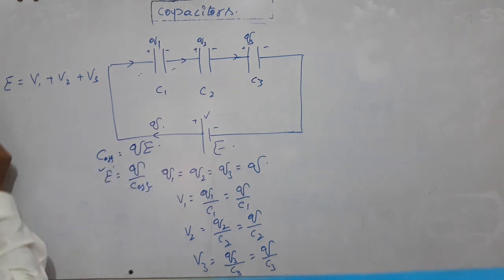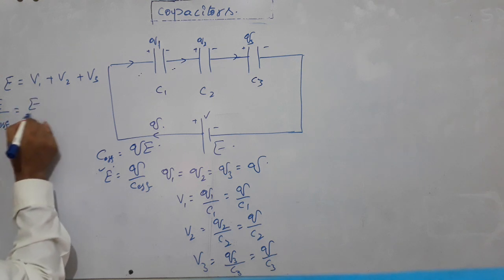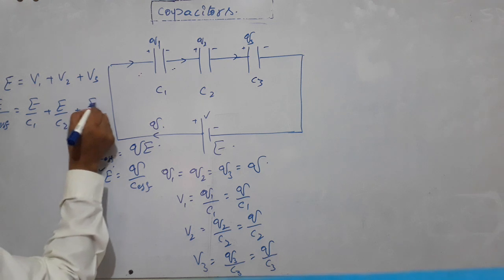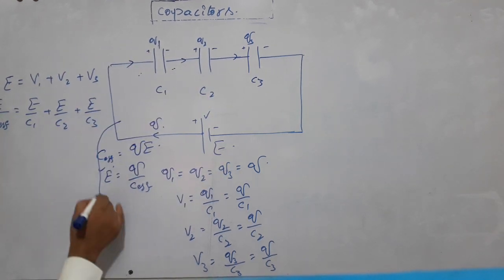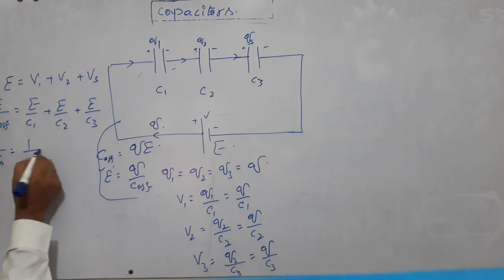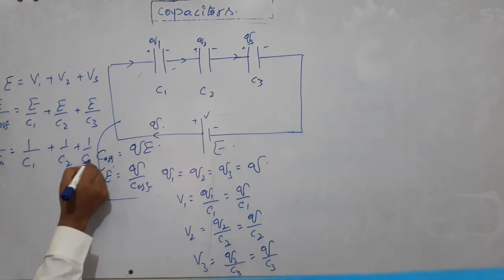I substitute this here: Q by C effective is equal to Q by C1 plus Q by C2 plus Q by C3, and so on, if there are such combinations. In all terms Q is a common factor, so we can derive that 1 by C in series is equal to 1 by C1 plus 1 by C2 plus 1 by C3.